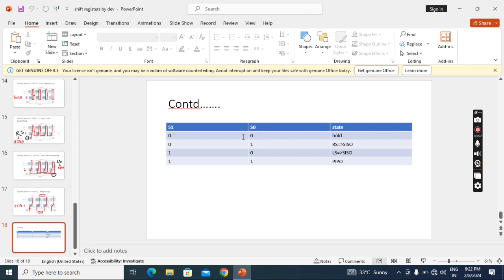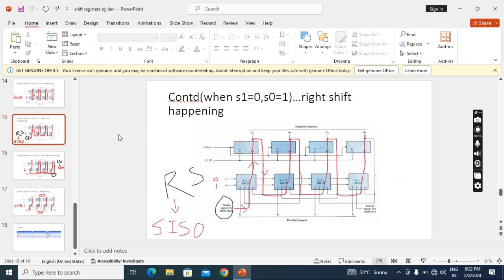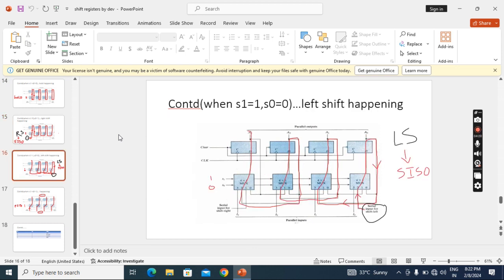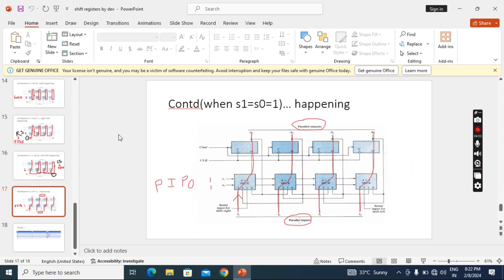When S1 equal to 0 and S0 equal to 1, it does right shift, serial in, serial out. When S1 equal to 1 and S0 equal to 0, it does left shift, serial in, serial out. When both are 1s, it does parallel in, parallel out. How it does this, I will show with different diagrams. This is for hold, this is for right shift, this is for left shift, this is for parallel in, parallel out. We'll see one by one.